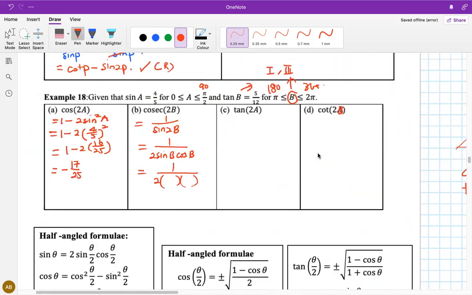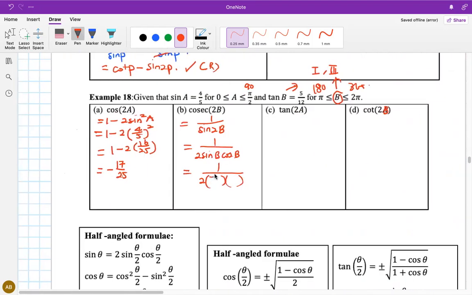Sine B is negative 5 over 13, and cos B is negative 12 over 13. So if you use a calculator, you should be able to get 169 divided by 120, 2 times negative 5 and negative 12.